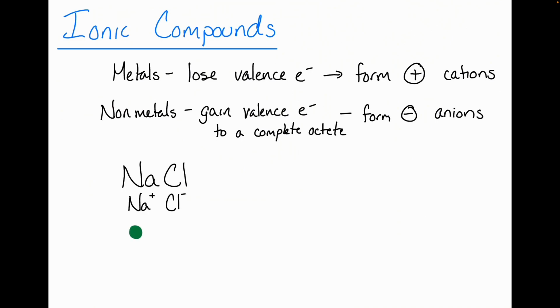All right, so if we looked at an ionic compound here, I'm going to represent my sodium ions in orange and my chloride ions in green. One of these ions has a positive charge. The other one has a negative charge.